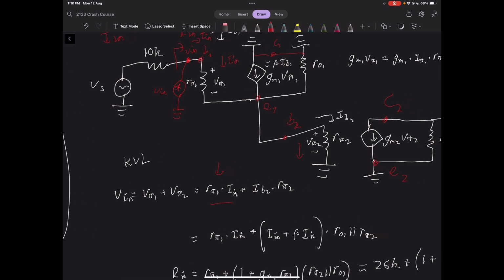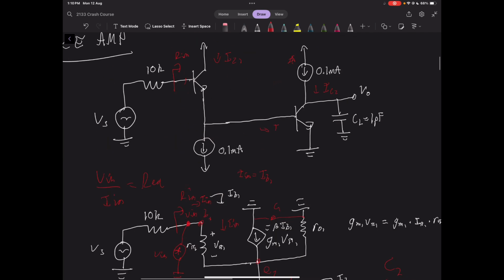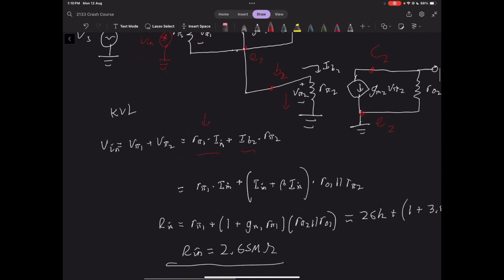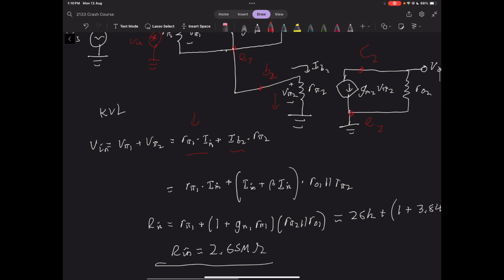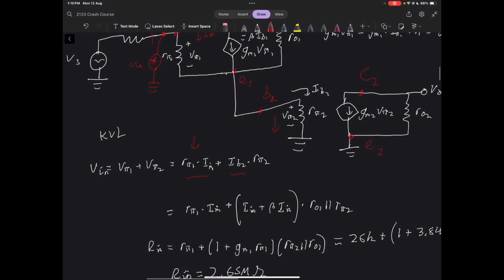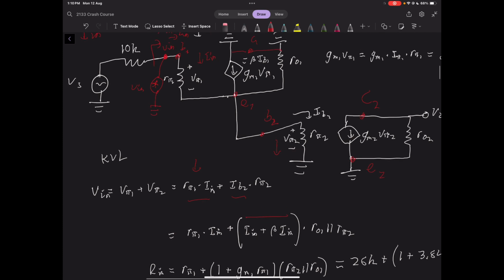this Vpi2 is going to be the base current of this second transistor, which again, this is Ib2 here, that's Ib1 here, if we want to look at it in the original circuit, times obviously the resistance there. And then what we know is that the base current, Ib2, must equal the input current going in here plus this current here.